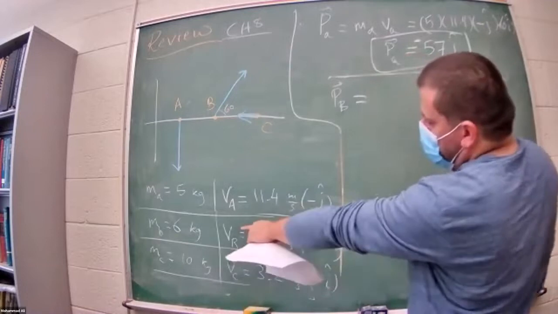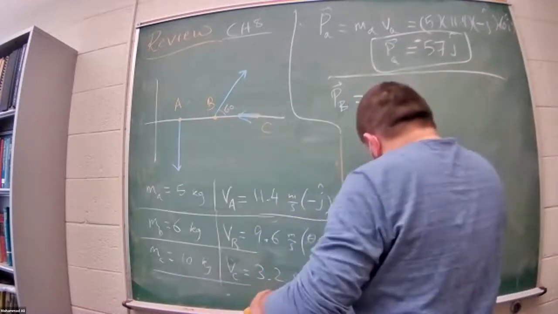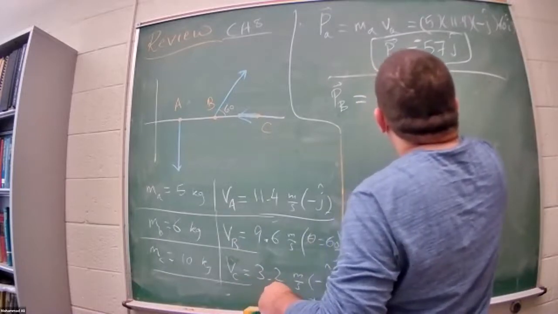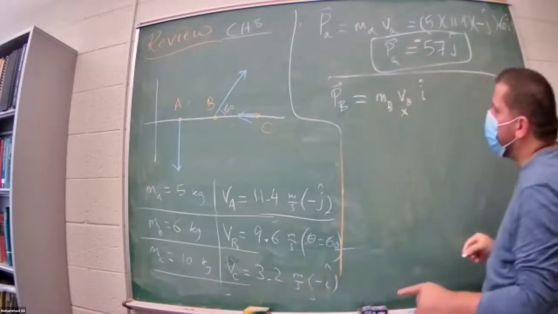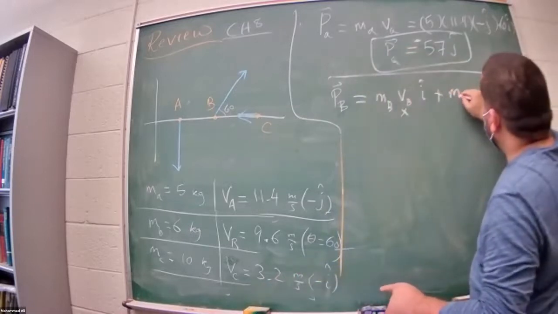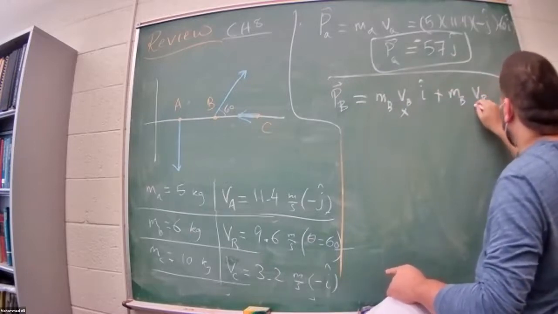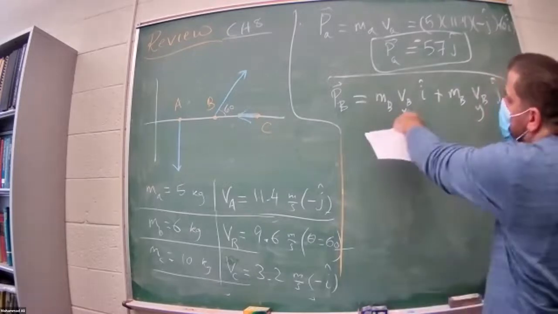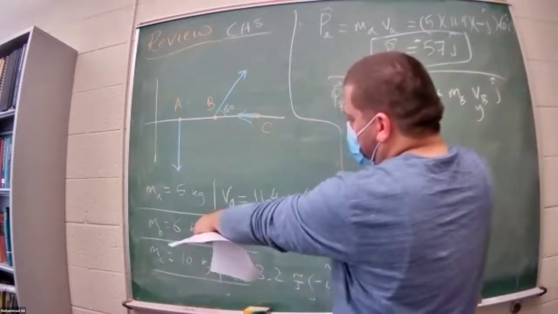It is the mass, which is MB VB I hat in X direction plus MB VB in Y direction, J hat. But Vx and Vy, we can't find them. The mass is 6.